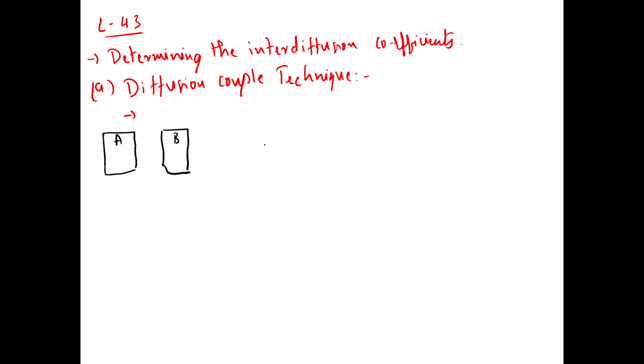And what we will do is the assembly of these two alloys, A and B, supported with the help of some outer jigs so that they firmly contact each other.